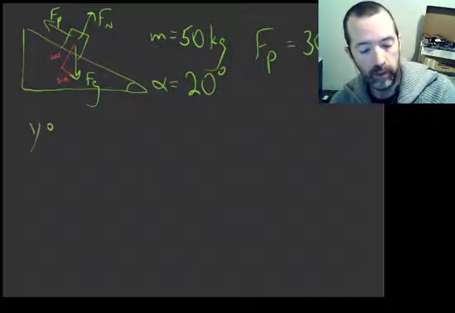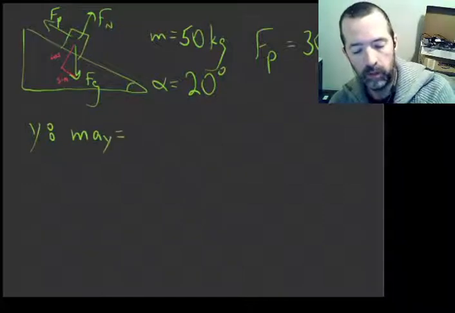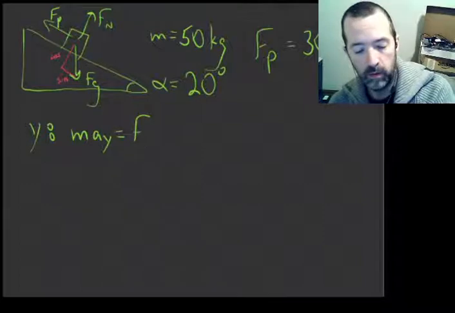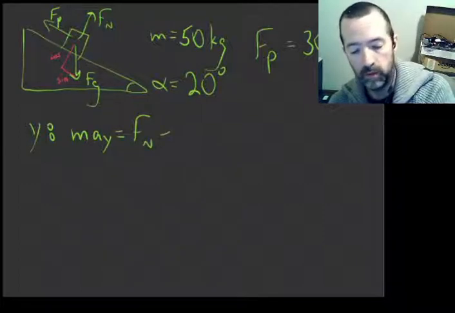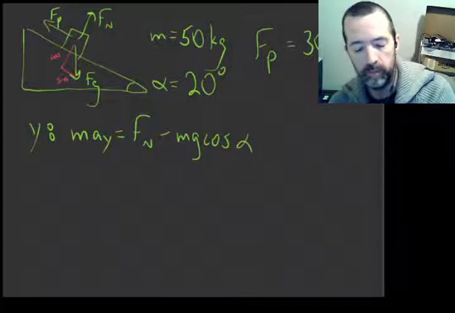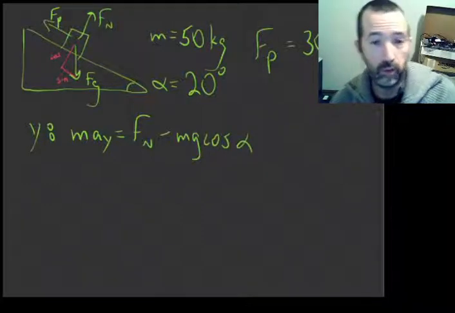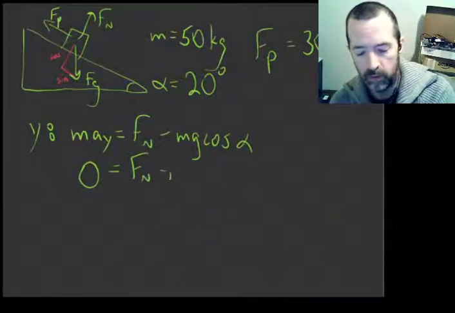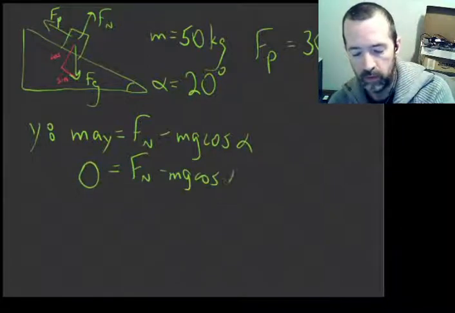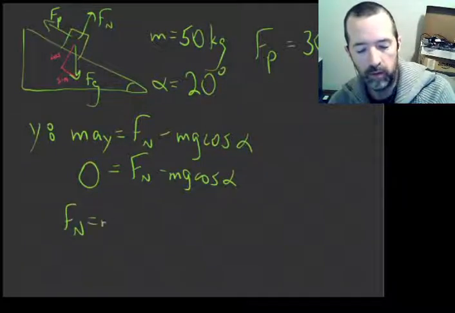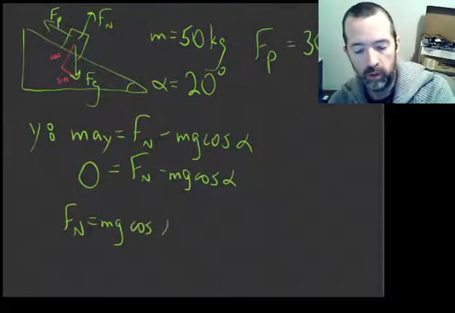So in the y direction, I know that m a_y equals Fn minus mg cosine alpha. And I know that the acceleration in the y direction is 0. So therefore Fn is mg cosine alpha.